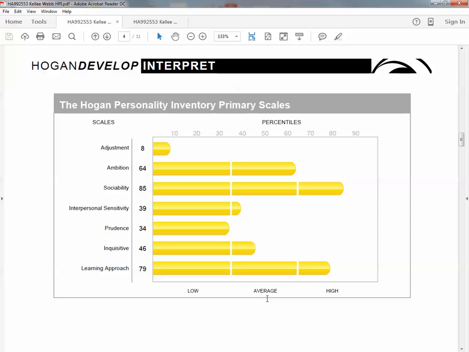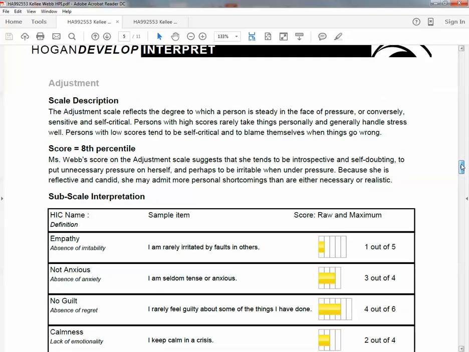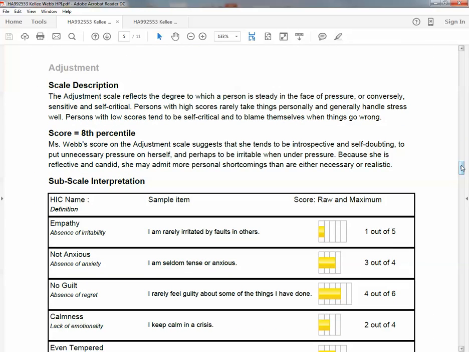And so being aware of where your team members are on these scales, especially if you're in a low or high area and the other person may be opposite, these are things to look at. And this is why we use the Hogan for team building and communication and professional development. So you will see on the next few pages following the scale, I'm going to go into adjustment.